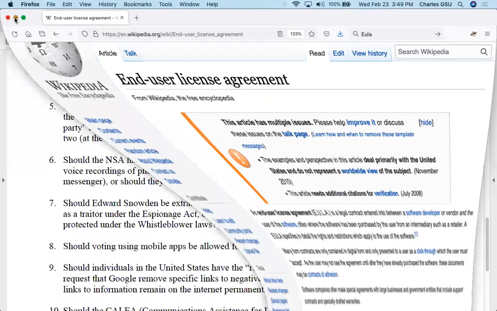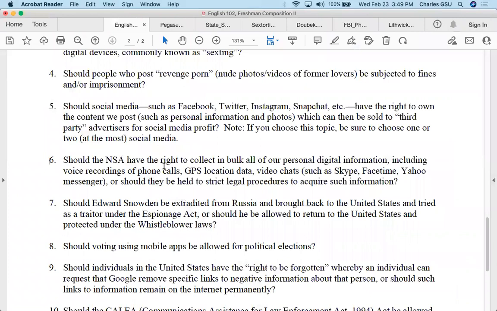So not being aware of whether it's Snap or Instagram or WhatsApp or whatever apps you're using these days, your private information is being gathered, whether you like it or not, and being often sold to what are called third parties.